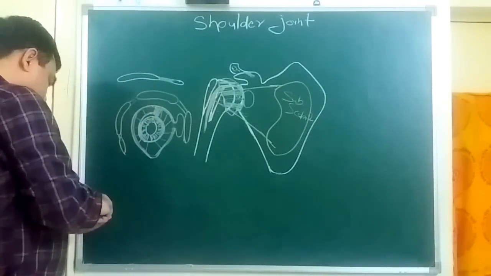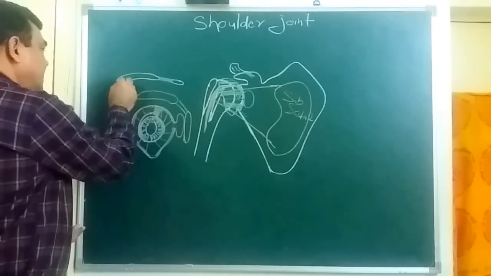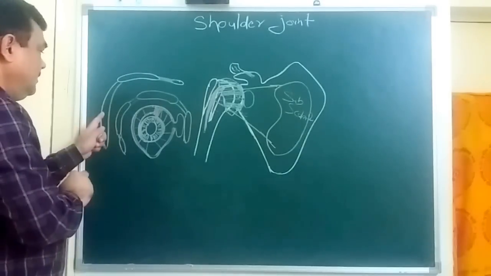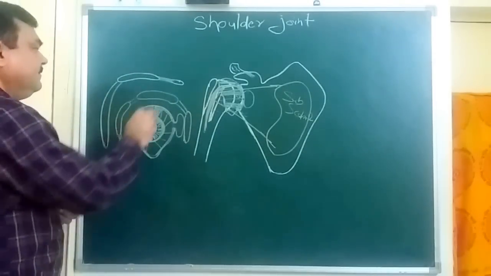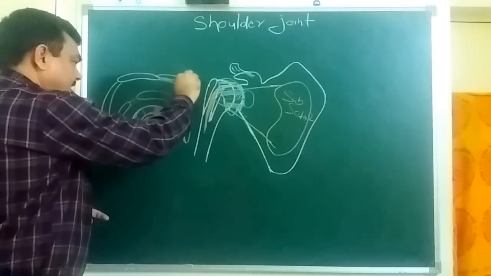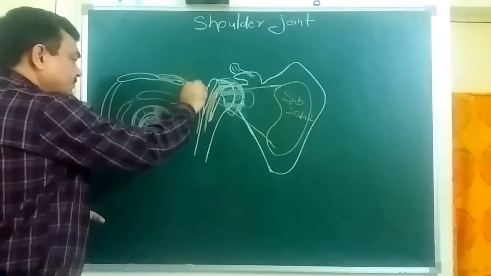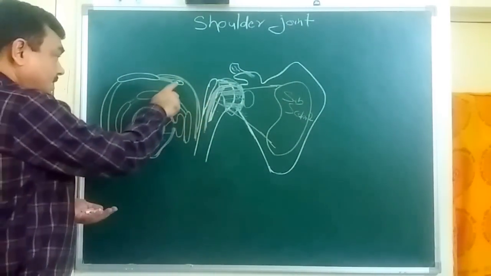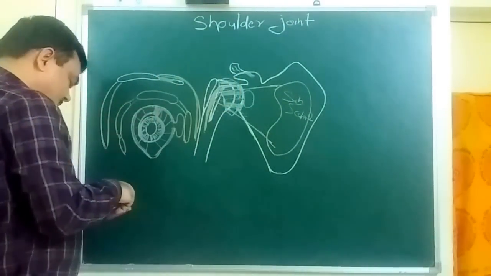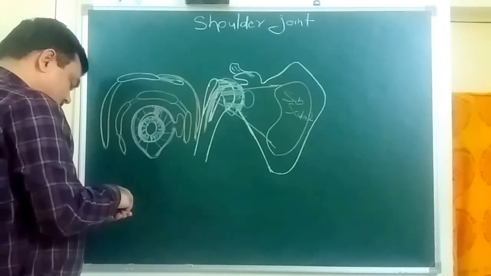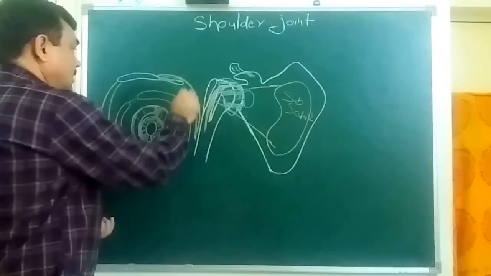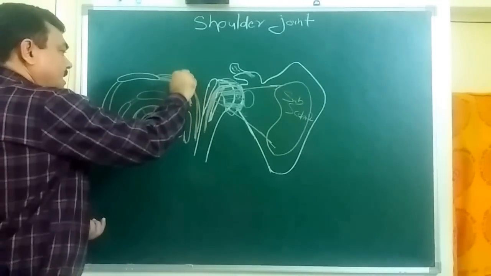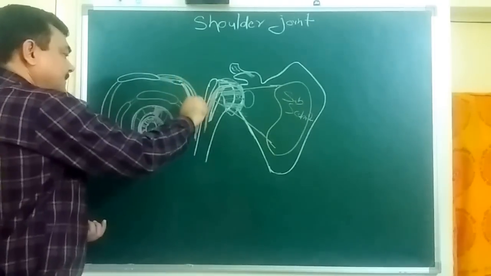And here one muscle is attached. This muscle is the posterior fibers of the deltoid. Anteriorly, here is the anterior fibers of the deltoid. And muscles attached with this are the short head of the biceps and coracobrachialis.